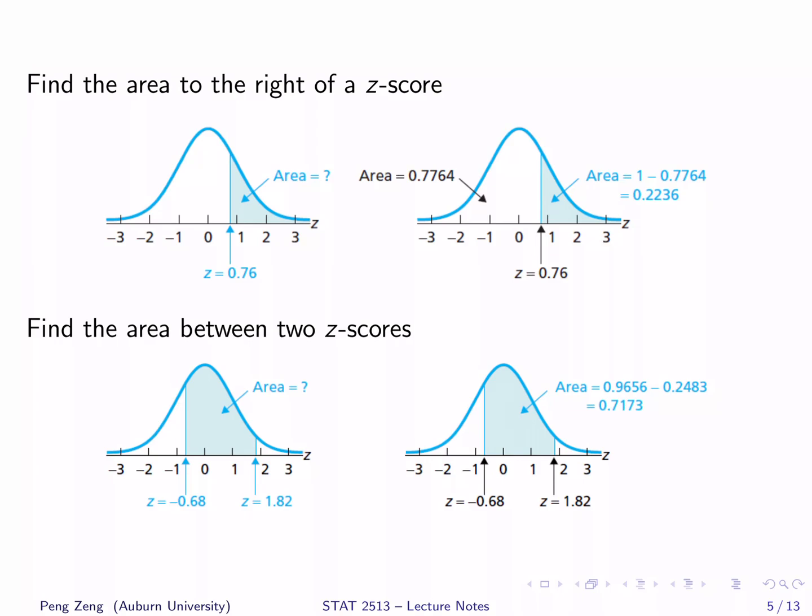For negative 0.68, we can decompose it as negative 0.6 and 0.08. Use negative 0.6 to locate the row and use 0.08 to locate the column. The probability is 0.2483. For 1.82, we decompose it as 1.8 and 0.02.